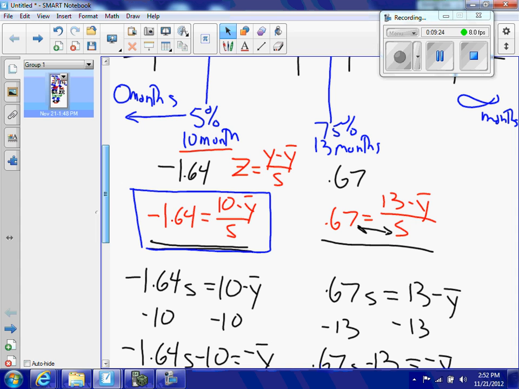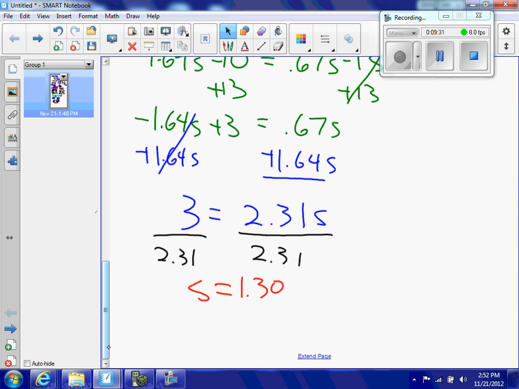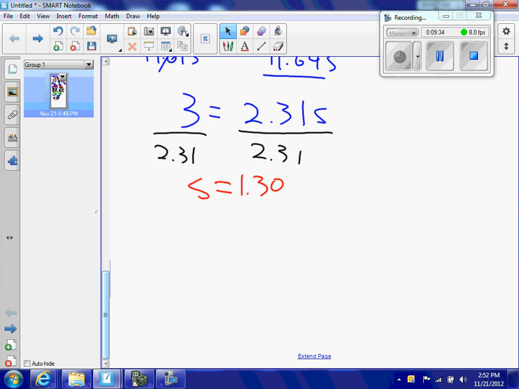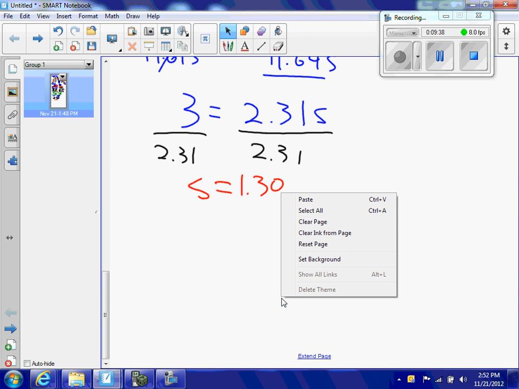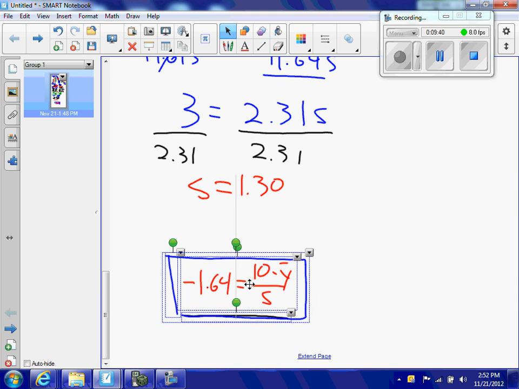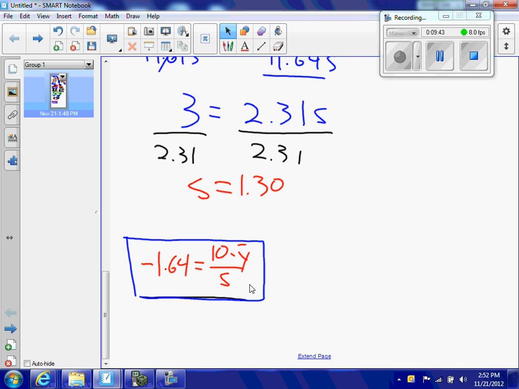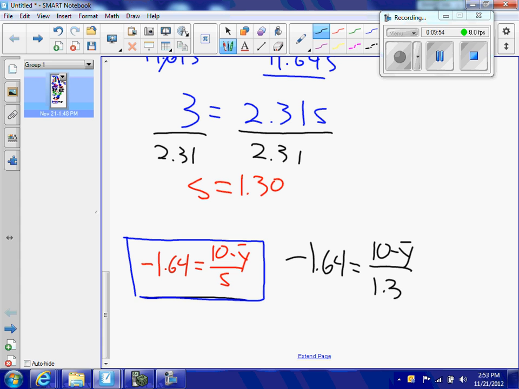Let's bring it down to the bottom. Okay, so we can change that to be negative 1.64 is equal to 10 minus y bar over, now we know it's 1.30.